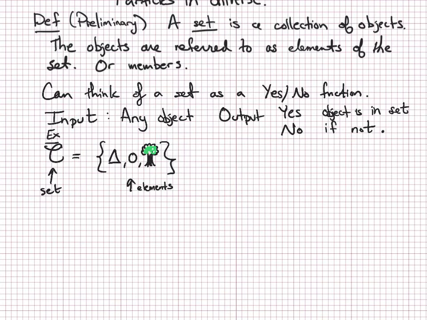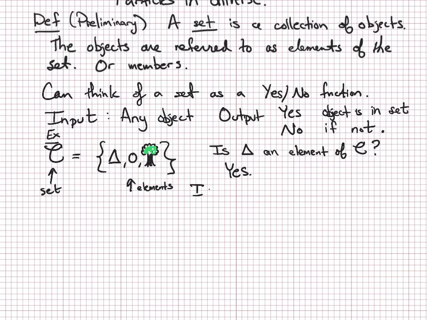So how do you think of this set containing three elements as a yes-no function? Well, you ask the set, is triangle an element of it? And of course it answers yes.